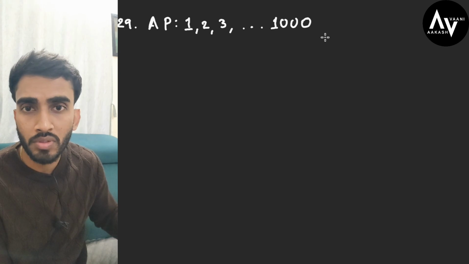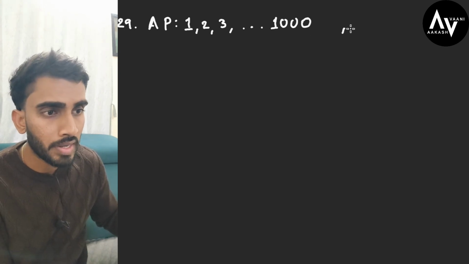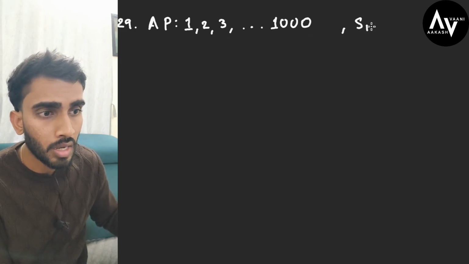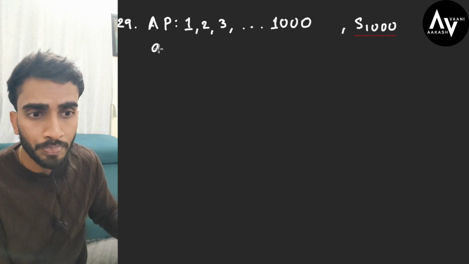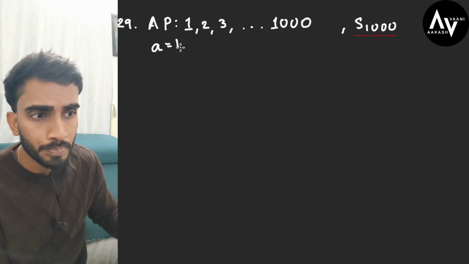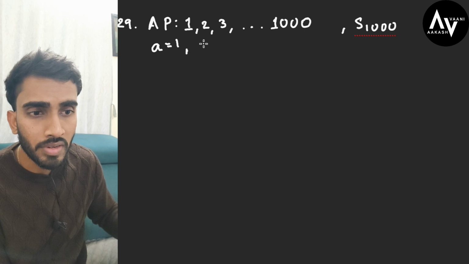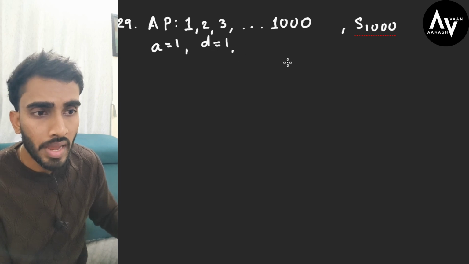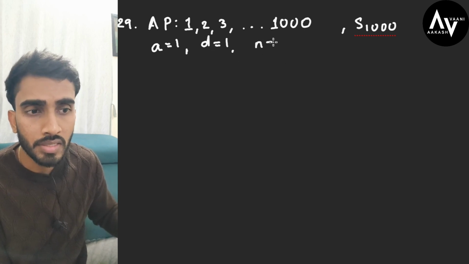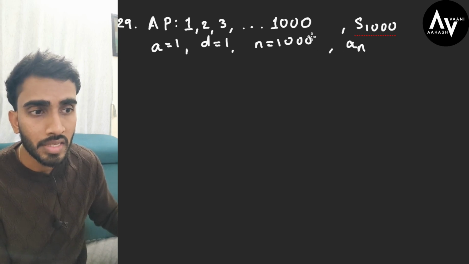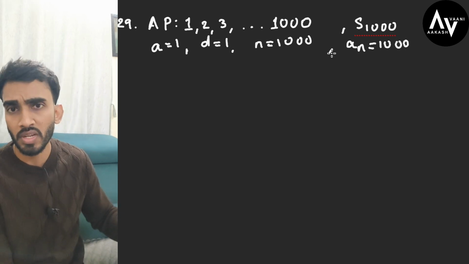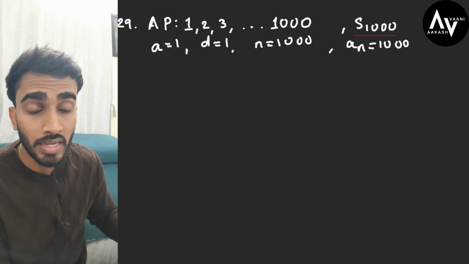So we have to find out the sum of this, that is, we have to find out S 1000. That means our A is 1, our difference is also 1, our N is 1000, and our last term, that is An, is also 1000. So this is all the information which we have, so we have just written it down here.